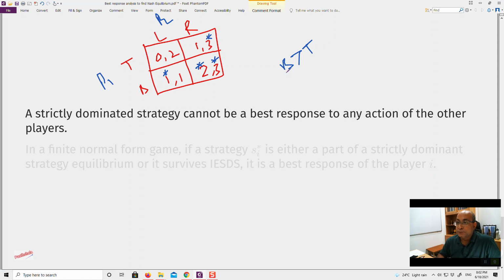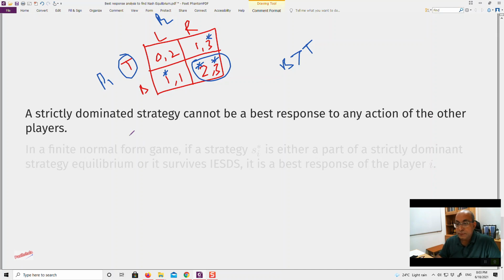So we now realize that none of the actions that were strictly dominated entered into any best response. So see, T is strictly dominated and this is not part of best response by player 1.